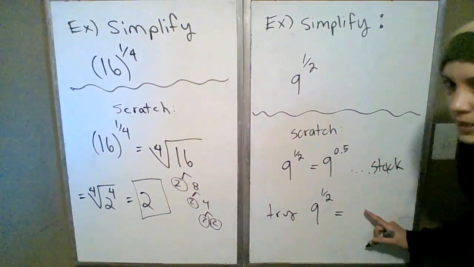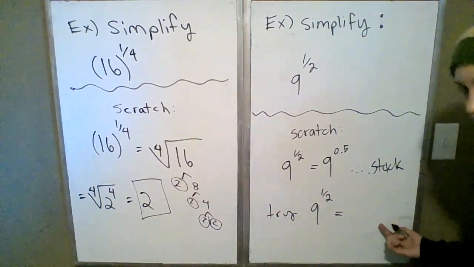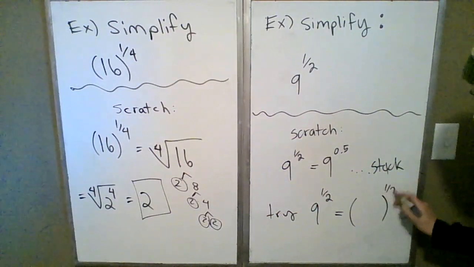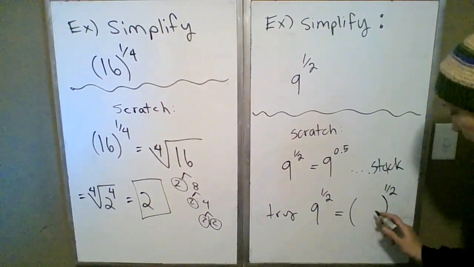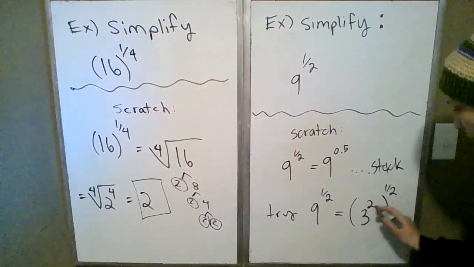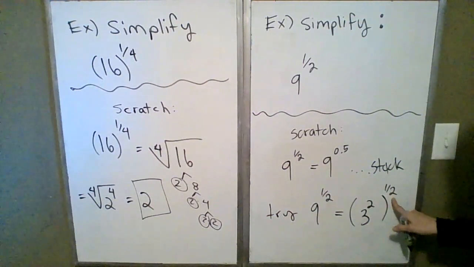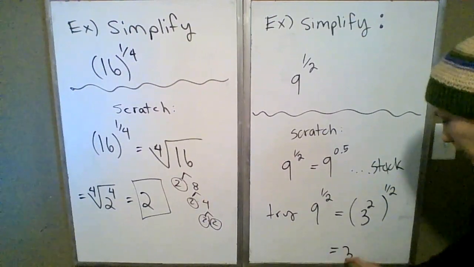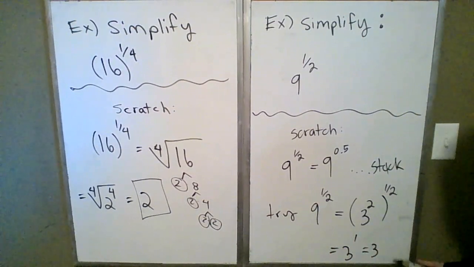After this, there are 2 different things to do. There's the way I've been doing the problem, but we could keep that 1/2 on the outside and rewrite 9 as 3 squared. Then you take this 2, multiply it with that 1/2, and get 3 to the 1st, which is 3. So that's one way to get the answer.